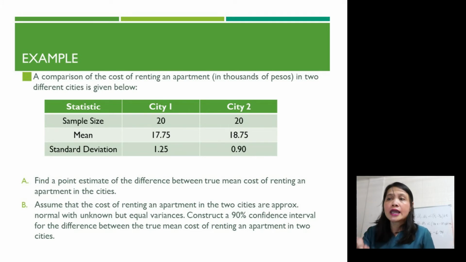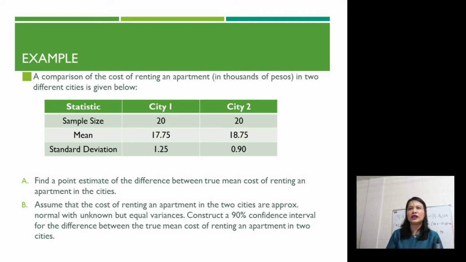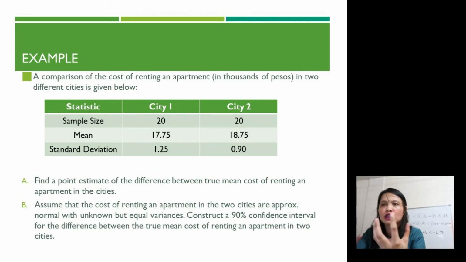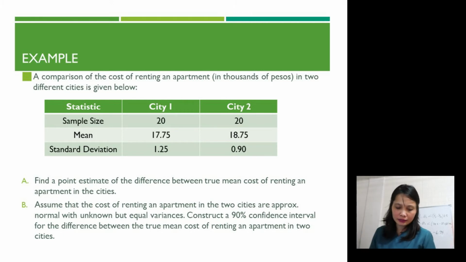So in letter A, find a point estimate of the difference between the true mean cost of renting an apartment in the cities. How do we answer letter A? Remember, when we say point estimate, the best point estimate, you are referring to the sample mean.